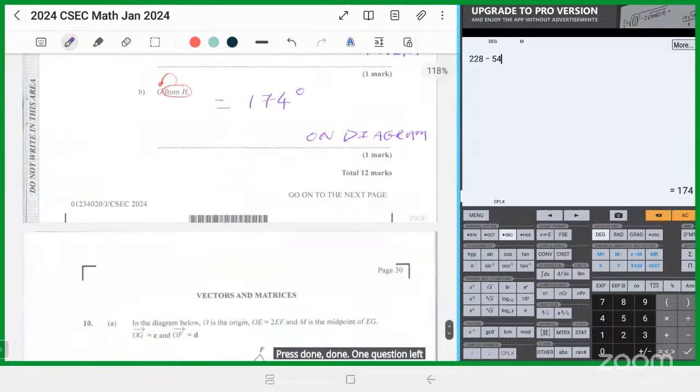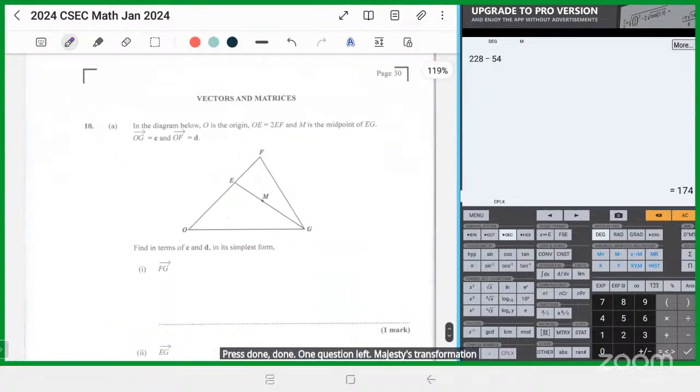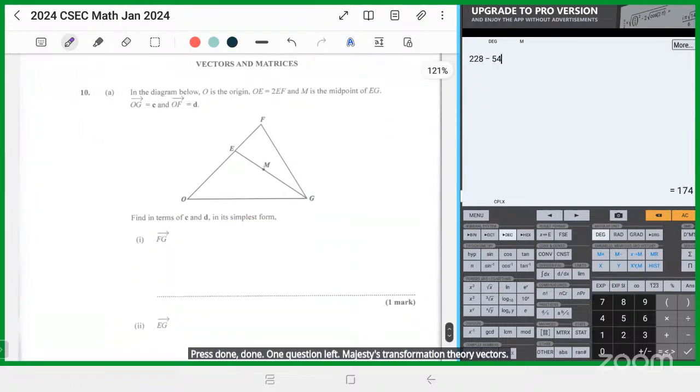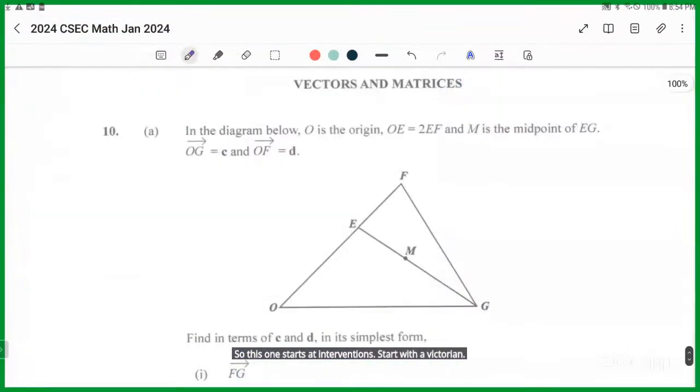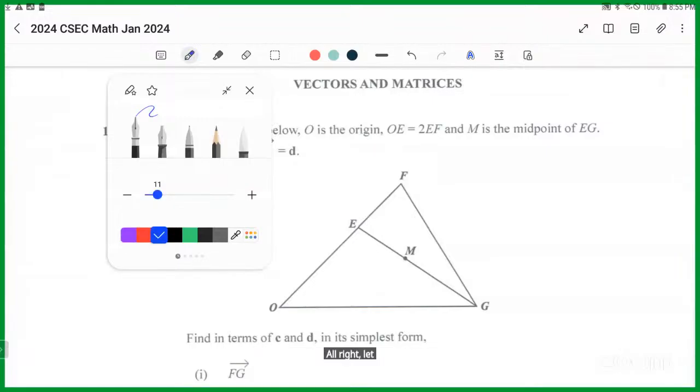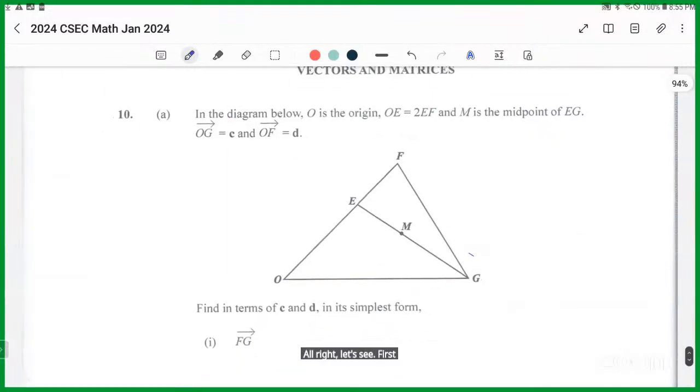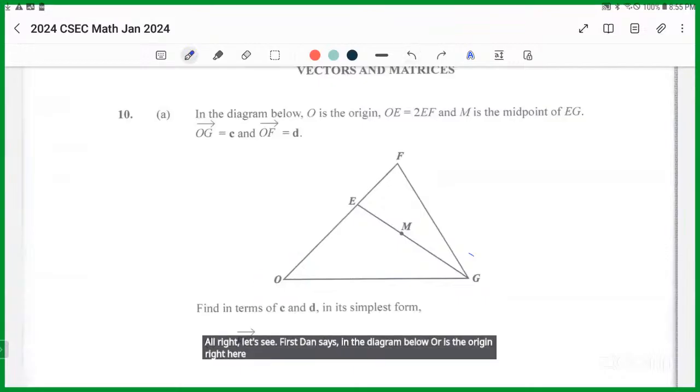Matrices, transformation, vectors. So this one starts out with a vectors question. Let's see. Question says, in the diagram below, O is the origin right here, and OE is 2 times EF. I like to put these on my diagram so I can see the ratio of the line.